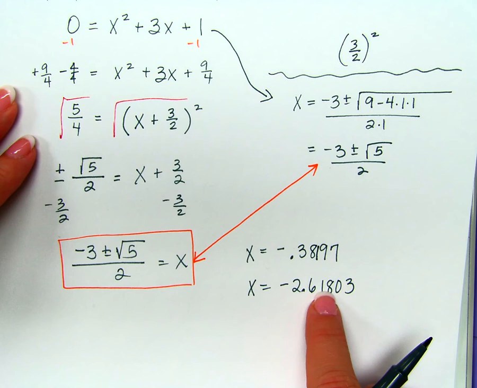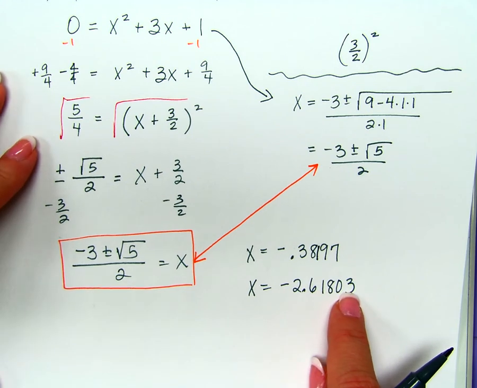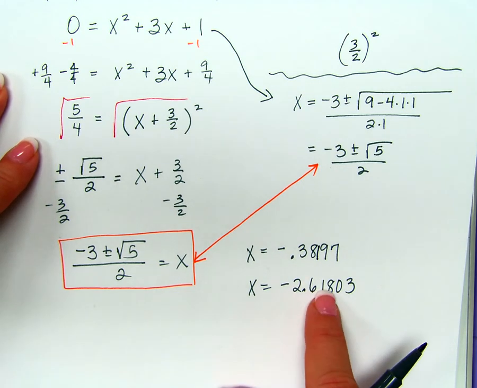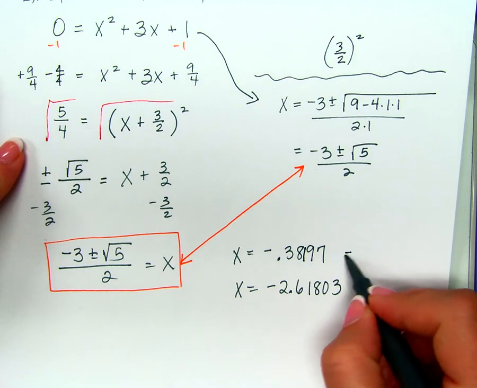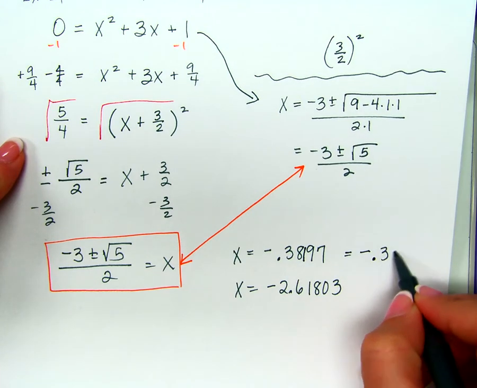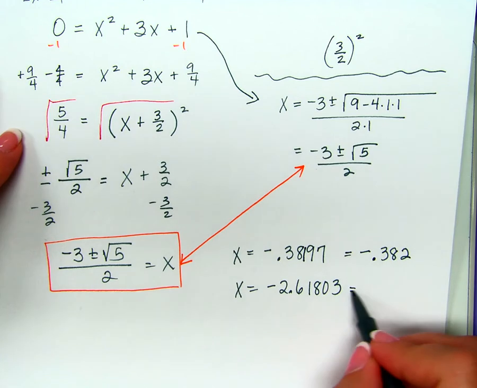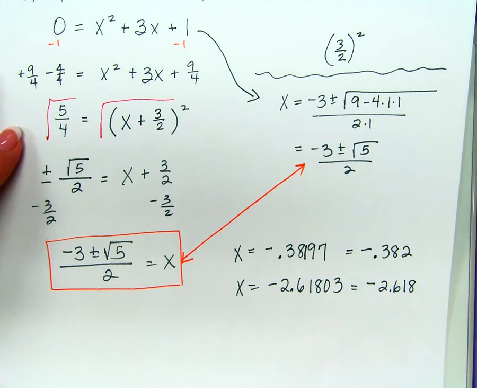Tenths, hundredths, thousandths, 10,000, 100,000ths? Probably 3 is okay. To the thousandths is okay. So if I did that, this one would really be -0.382. And this would be -2.618.